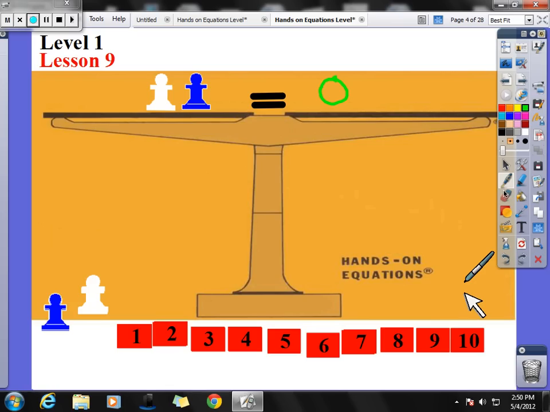Here's what that means. If X is 4, what does star have to be in order for it to equal 0? Star would have to be -4. Just like if X were 8, then star would have to be -8. Now that does not mean necessarily that star, the white pawn, is always negative.